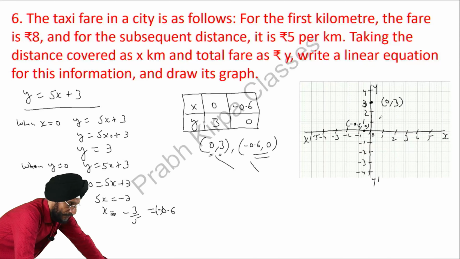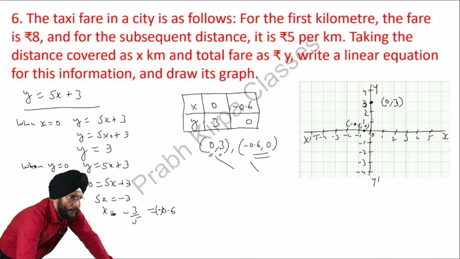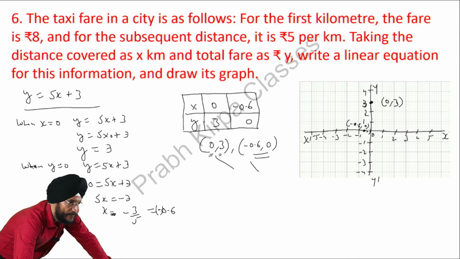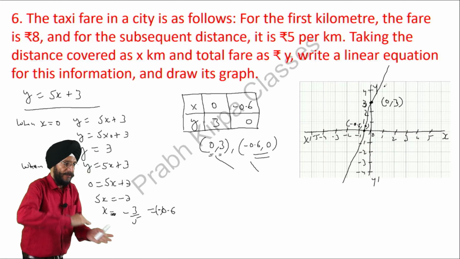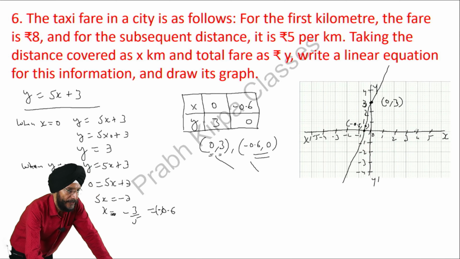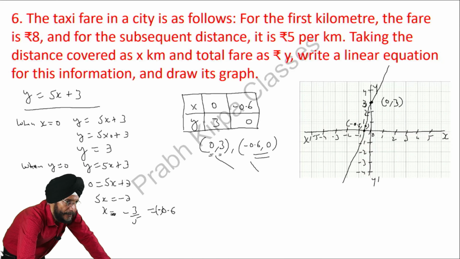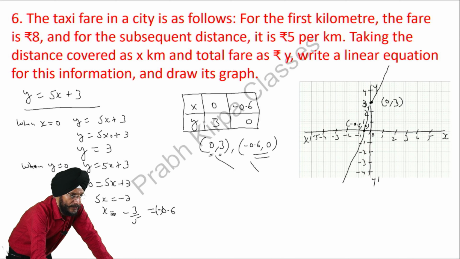So we will now join both these 2 points. You can draw this straight line, because I am unable to join it in the correct manner. You have to join these 2 points and draw a straight line.